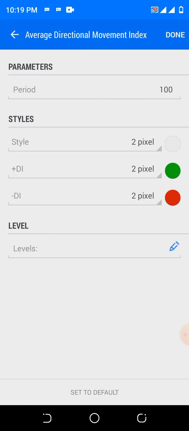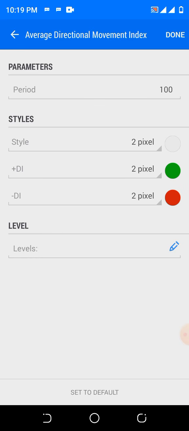Now the plus DI and the minus DI are the two lines crossing each other. The plus DI represents a bullish line, while the minus DI represents a bearish line.